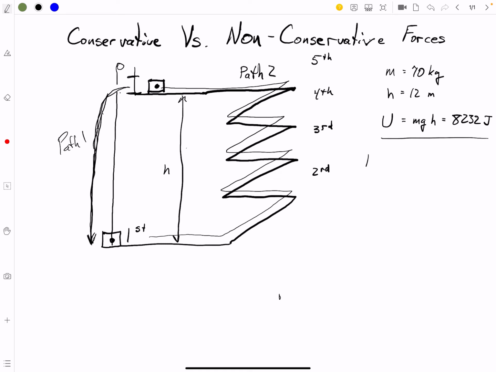So either way, the gravitational force provides us with that potential energy storage.